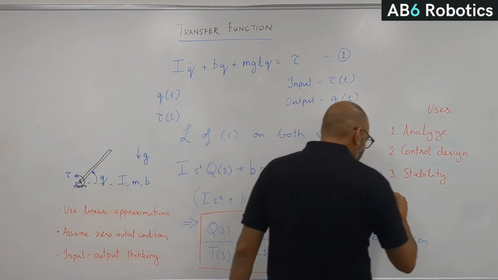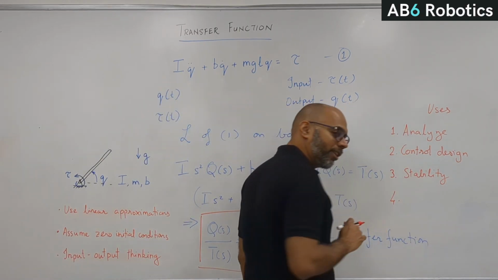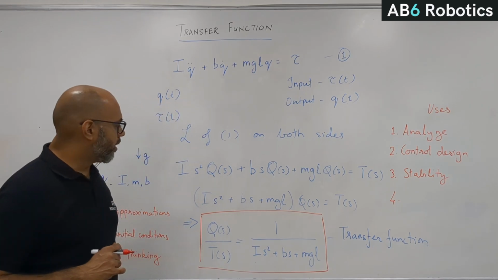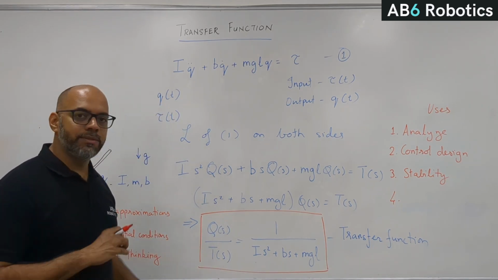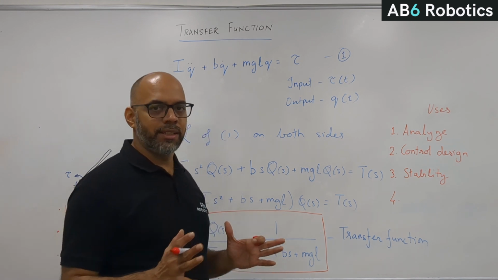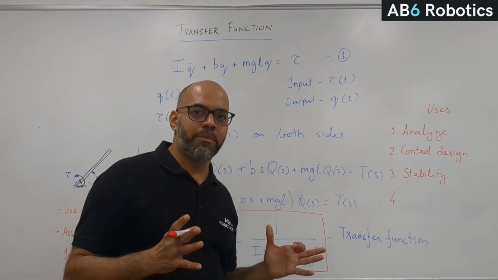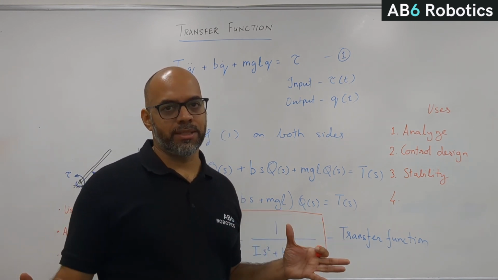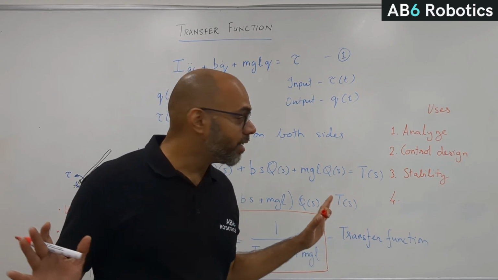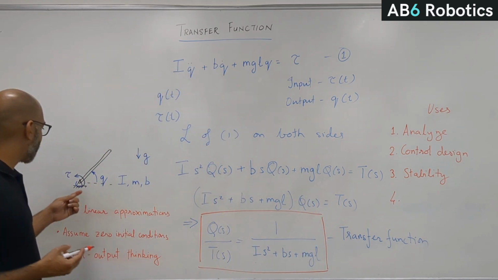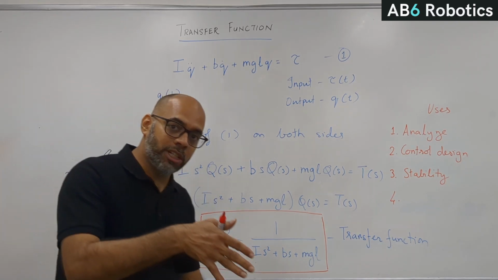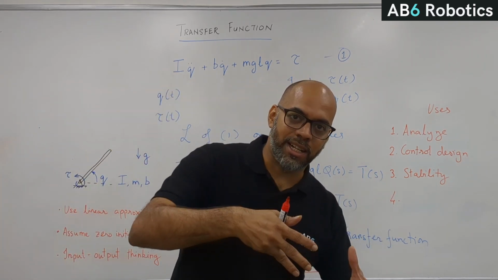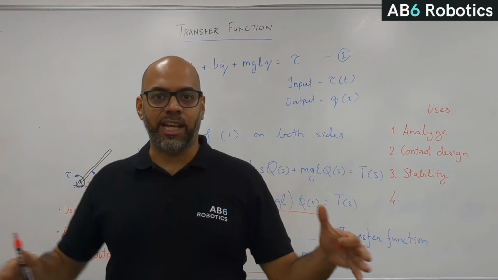And then the fourth one, which is a very powerful utility of the transfer function, is that it's very convenient in transfer function form to combine multiple subsystems. So what I mean by that is, supposing here you say, oh, the torque is again produced by a motor. The motor has its own inertia, its own back EMF, its own dynamics.